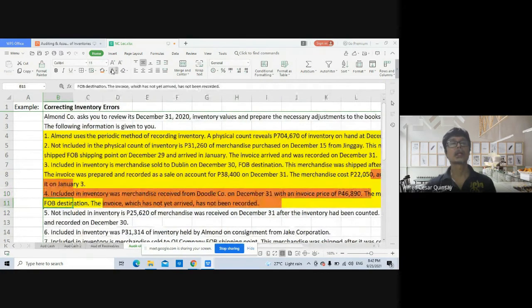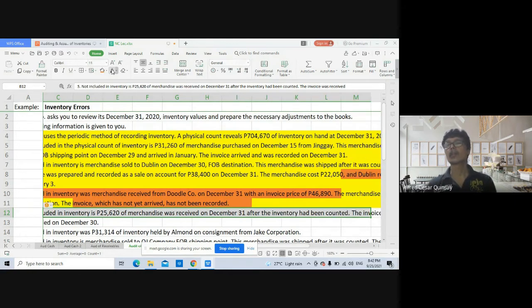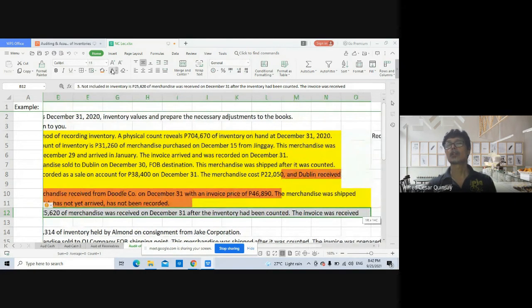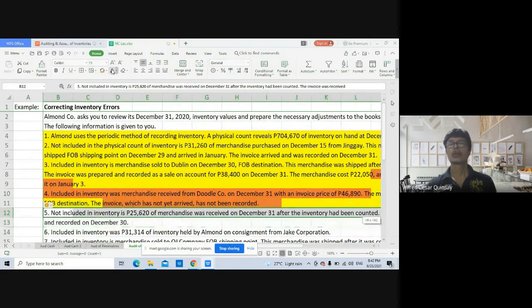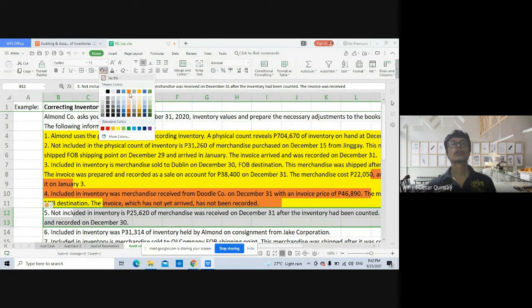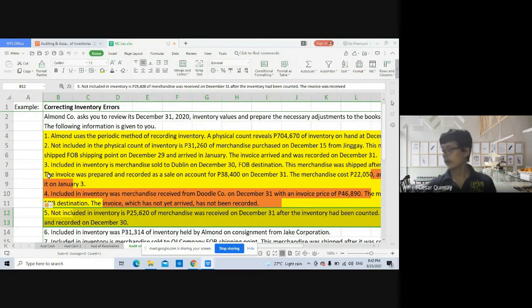Now, transaction number 5, it says not included in the inventory is 25,620 of merchandise was received on December 31 after the inventory had been counted. So the invoice, okay, so the invoice was received and recorded on December 30.